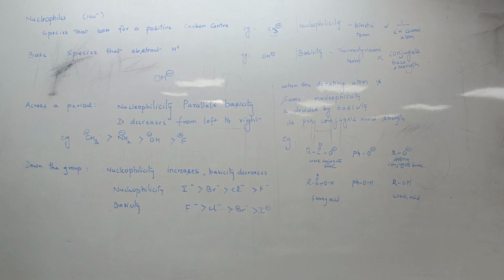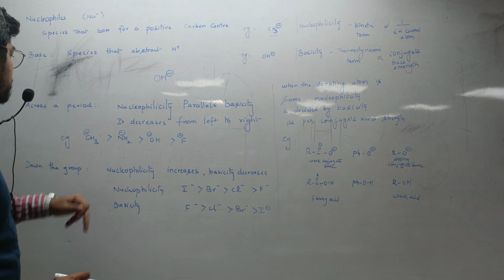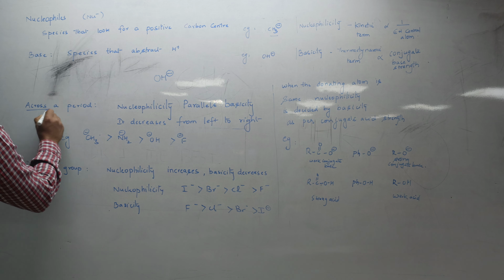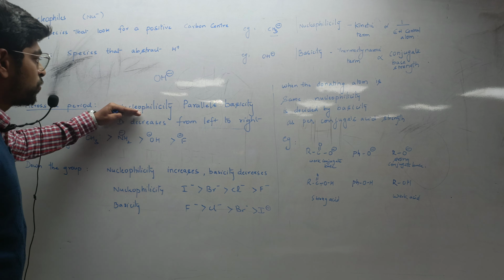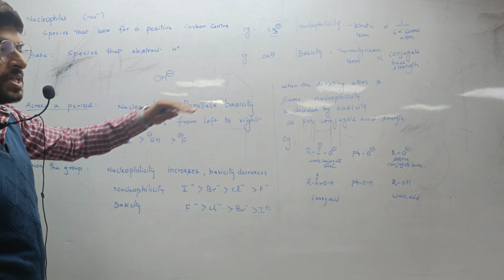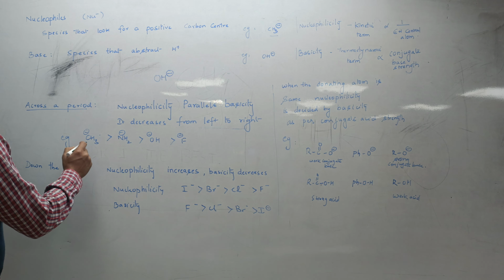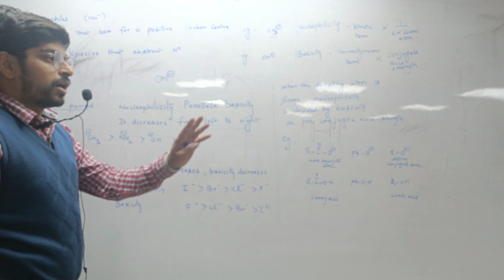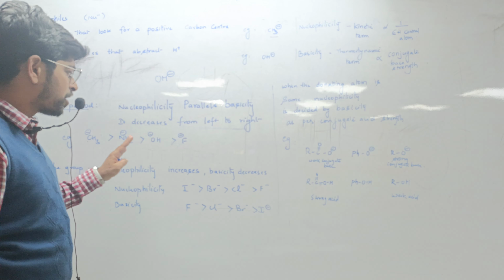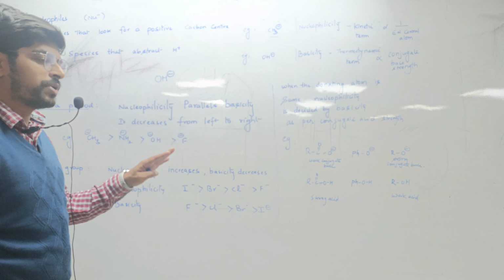Now suppose I am speaking about different species present across a period, what is happening to nucleophilicity? To understand nucleophilicity, we will understand through basicity. Carbon, nitrogen, oxygen, fluorine are present in the same period.